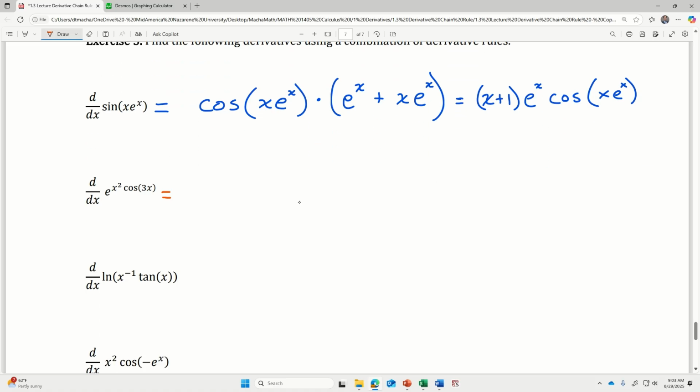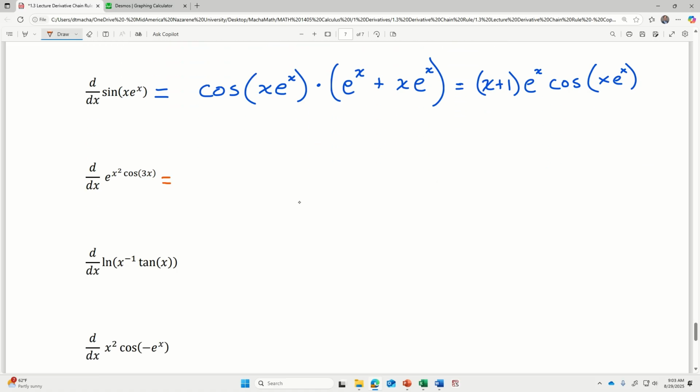Now, what about this one? E raised to the power x squared times cosine 3x. So we take the derivative of the outside function first, and the derivative of e to the x is still e to the x.